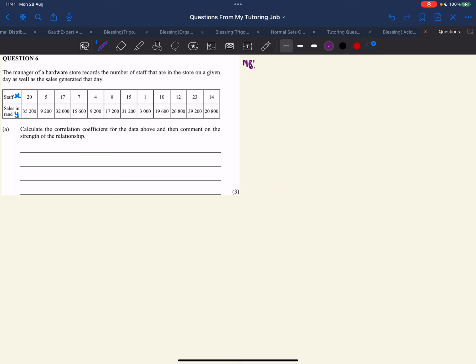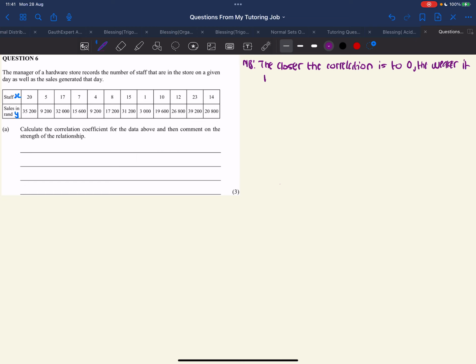That rule says that the closer the correlation is to zero, the weaker it is.